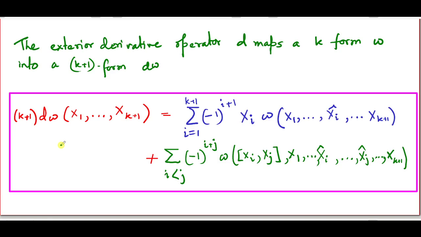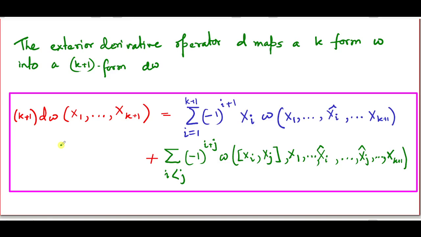So in the first sum, the one in blue here, what we have done is to drop one of the K plus 1 arguments and supply the rest to omega. The function you obtain in this manner is acted upon by xi, the particular vector field that had been dropped, and then all this is summed together with an alternating plus minus sign.